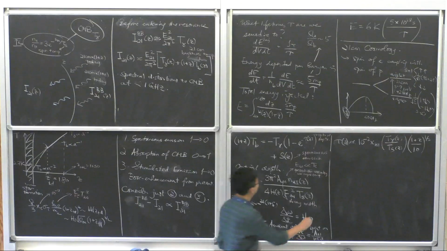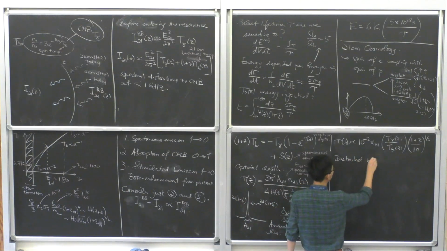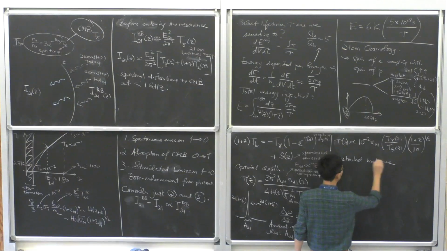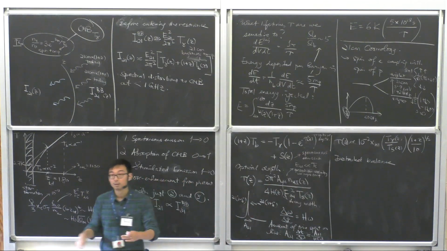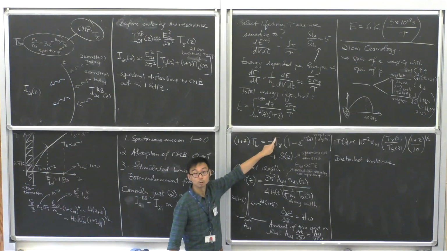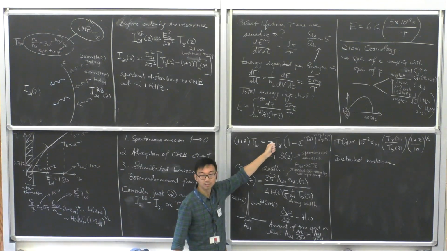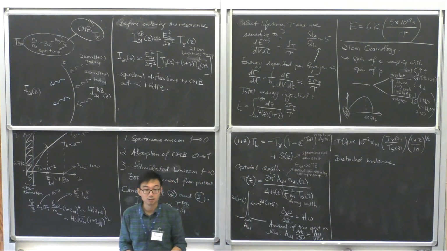And then for the other term, I can use something called detailed balance, which just says that if everything is in thermal equilibrium, then there shouldn't be any effect here. The absorption and the stimulated emission should be exactly cancelled by spontaneous emission.